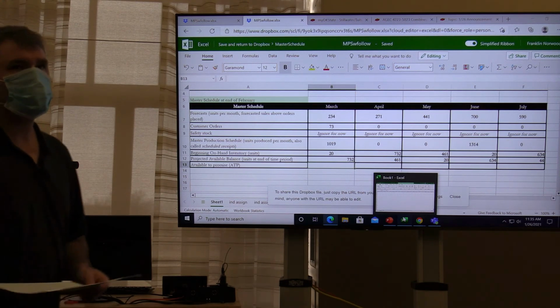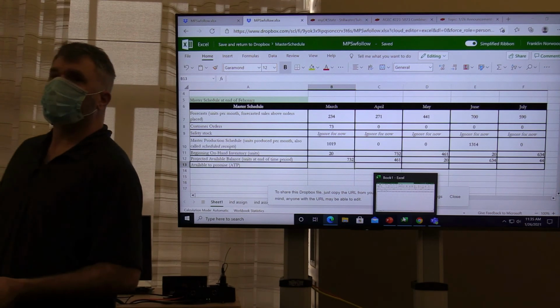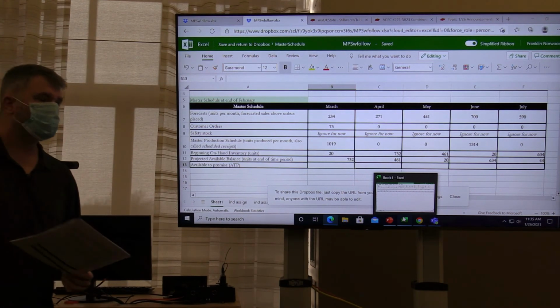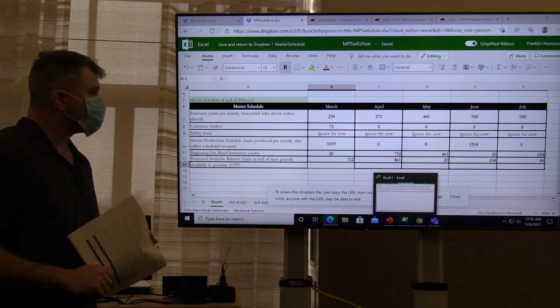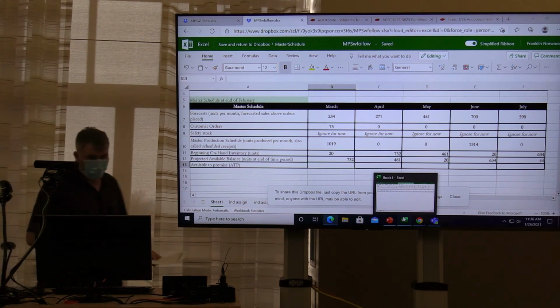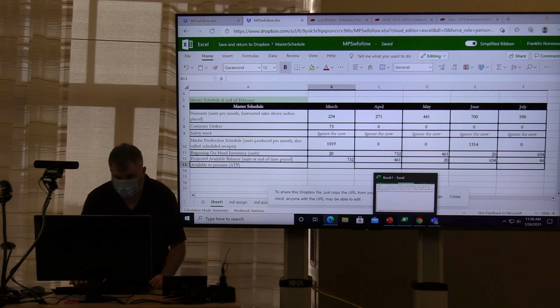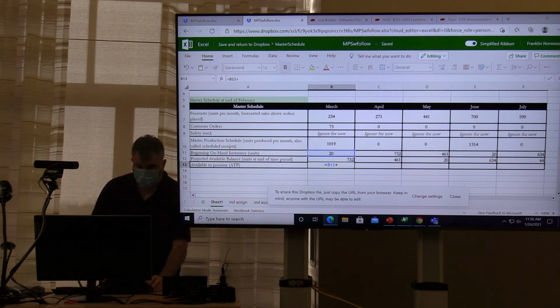For which 2 months will I have a positive number, a number for available to promise? March and June, yep, because we're producing something there. So available to promise, the number I'm going to have for March is, I'm starting off with 20 units, and I'm going to count those because they're there, now I can see them.